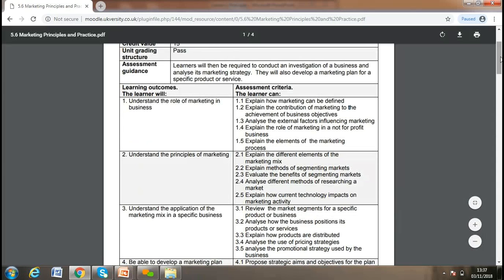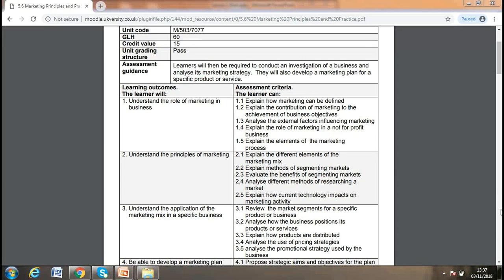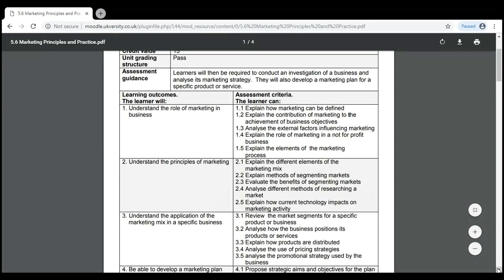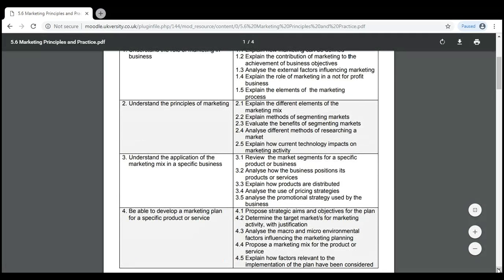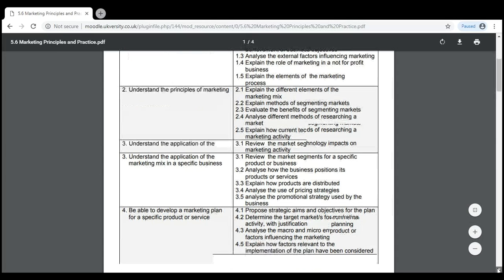Second, our learning outcome is to understand the principles of the marketing mix, which we'll go through during our second session next week. Our third session will be on understanding the application of the marketing mix, how we can apply it.